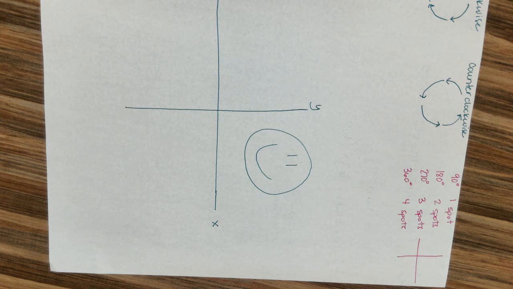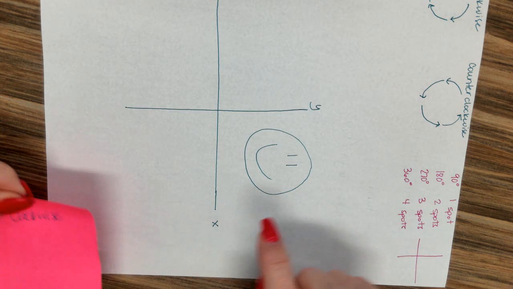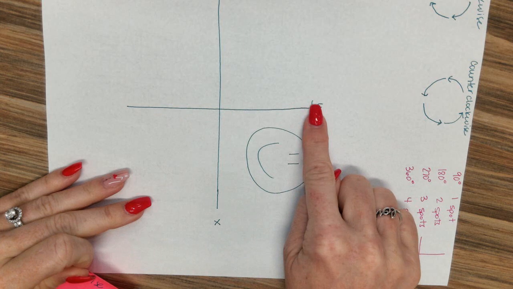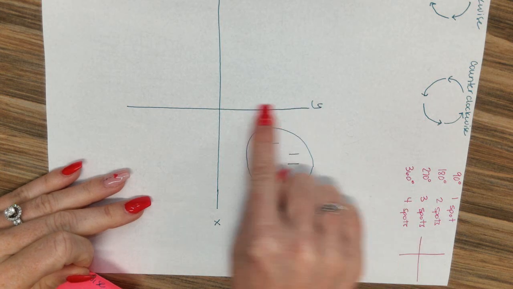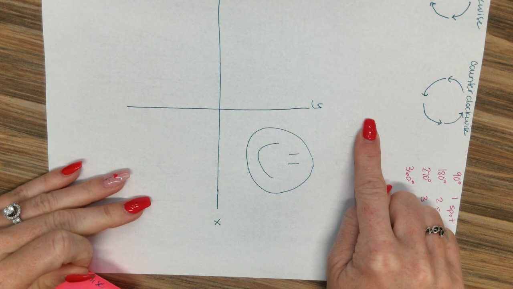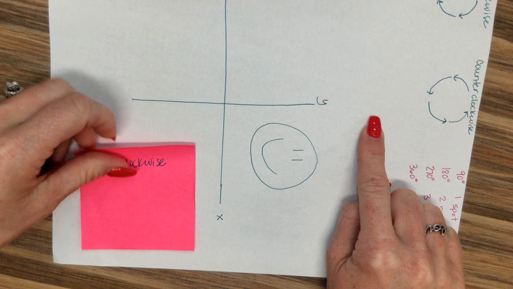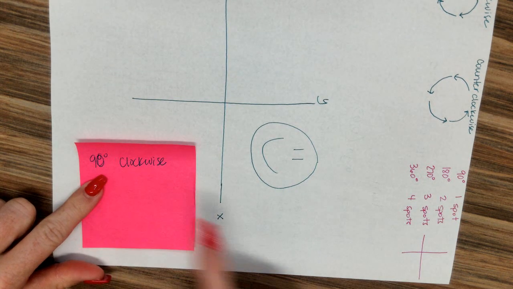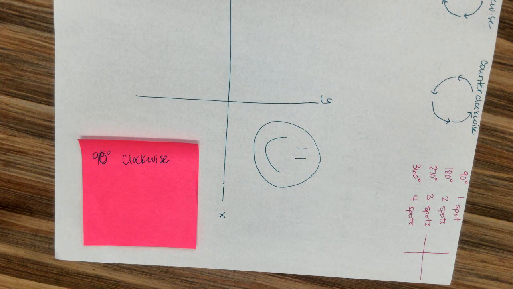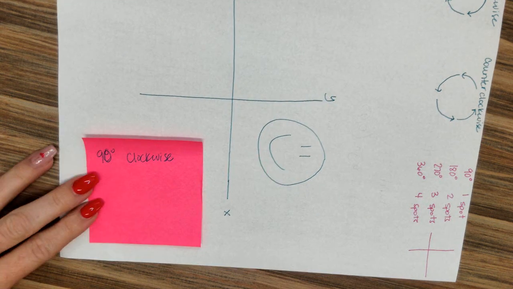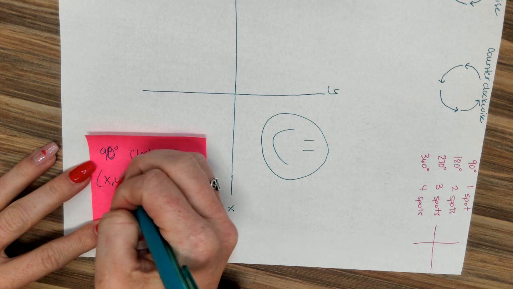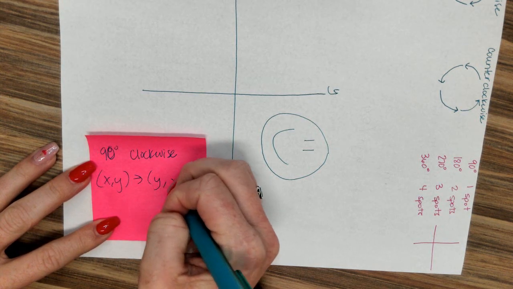Is everybody's paper there? All right, are y'all ready for this? This is how easy it is. Did the x-axis stay the x-axis? No. It became the y. So this tells me that if I turn it 90 degrees clockwise, the x and y switched. They switched spots. So I would write my rule like this. They switched spots.